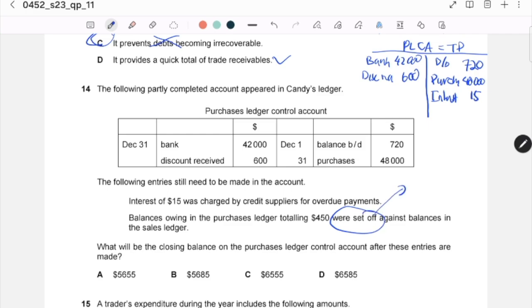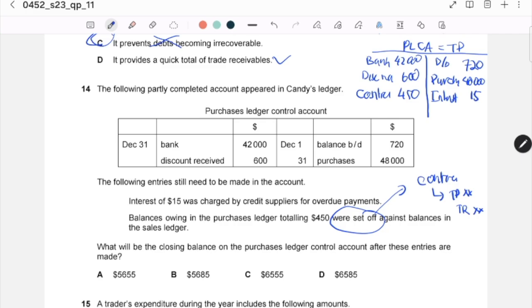Set off means contra account. Contra account is where they pay trade payable with trade receivable. Because this is trade payable, the trade payable is on the debit side, trade receivable on the credit side. Because this is the PLCA trade payable, put the number here, 450. We call this contra.